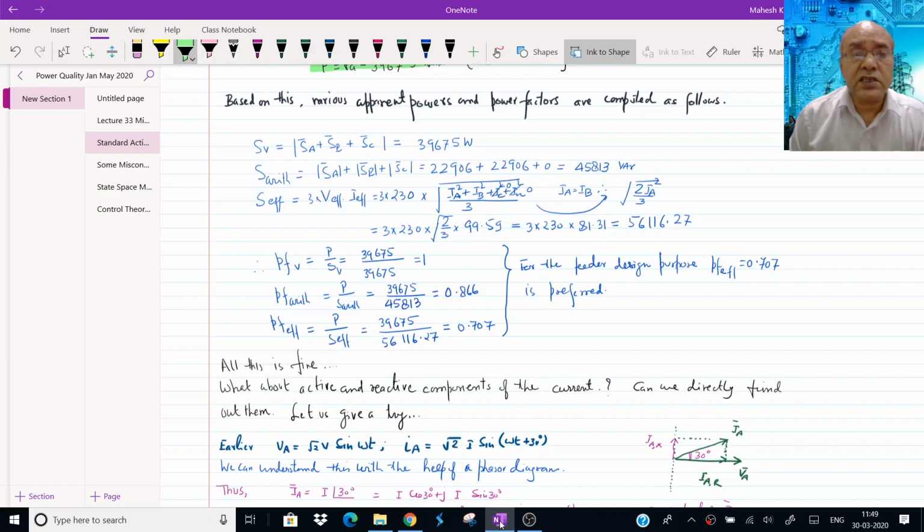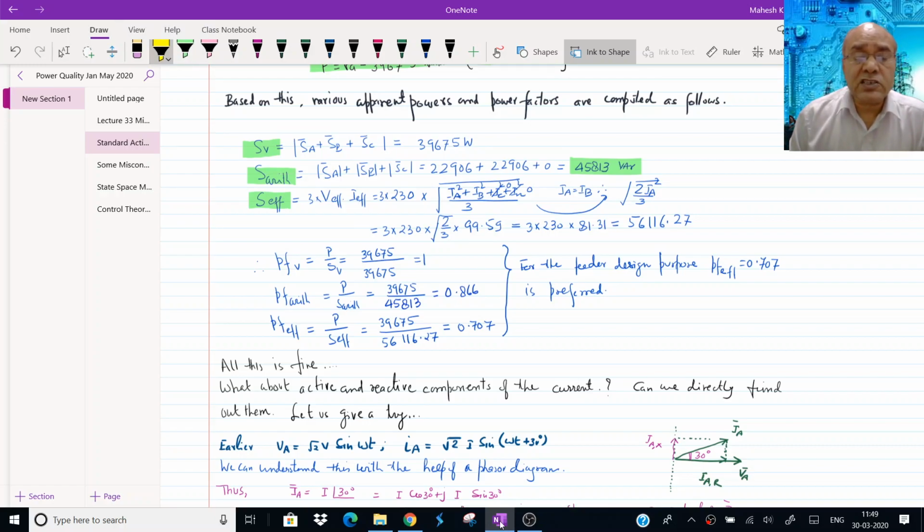For example, this is the S arithmetic, this is S effective. So this is the magnitude of SA bar plus SB bar plus SC bar, which is 39,675, and arithmetic is the sum of the magnitude of each apparent power, which is 43,813 volt amps.